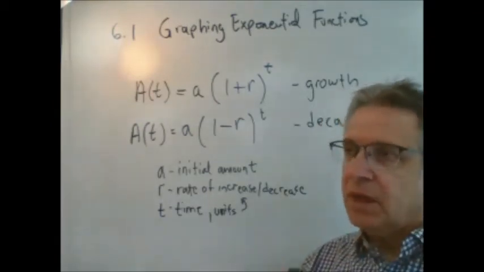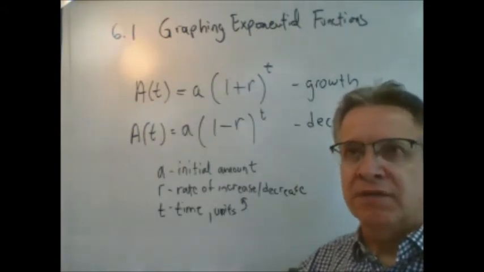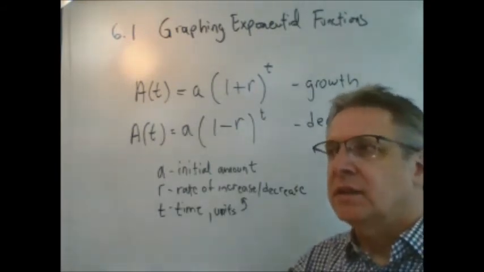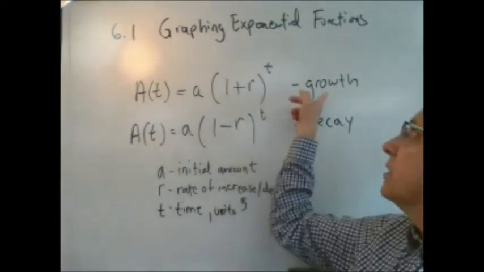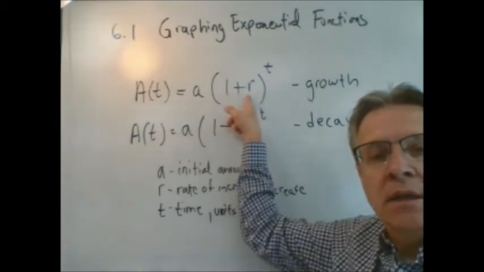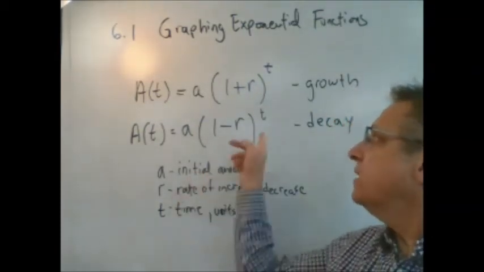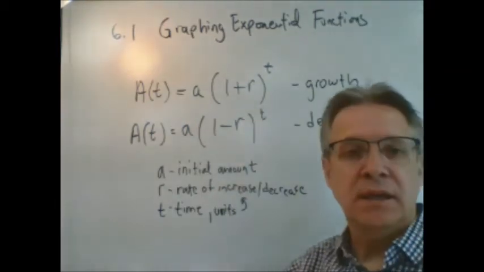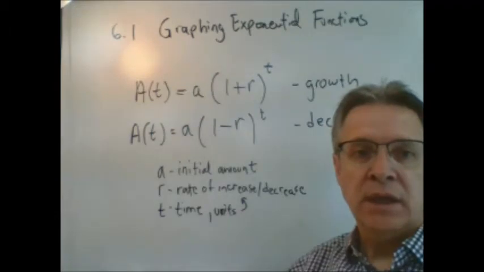So watch carefully in my example. I'll show you how to handle that. But if something grows, for instance, at 10%, then we would pick the growth equation, and 10% R would be 0.1. So the decimal equivalent of a percentage. And T would be the time that we're letting that grow.